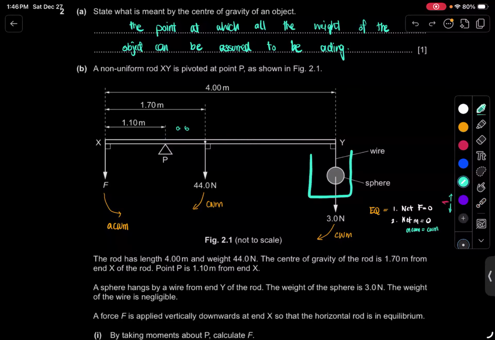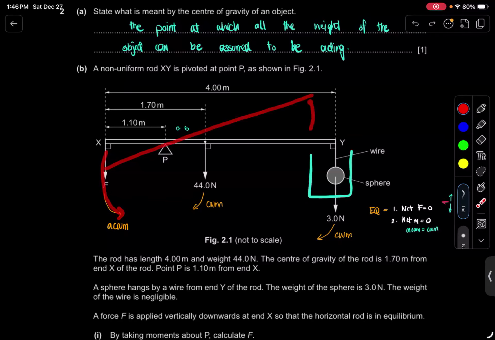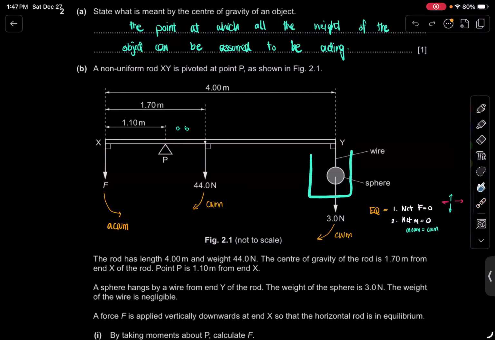But now, because you have reduced the weight of the sphere by putting it in a liquid, you've reduced the effective weight because it's being cushioned. It's kind of like you're holding the ball in your hand. That might mean the anti-clockwise moments are now too great, so the rod pivots like this because the sphere is not able to bring it back down.